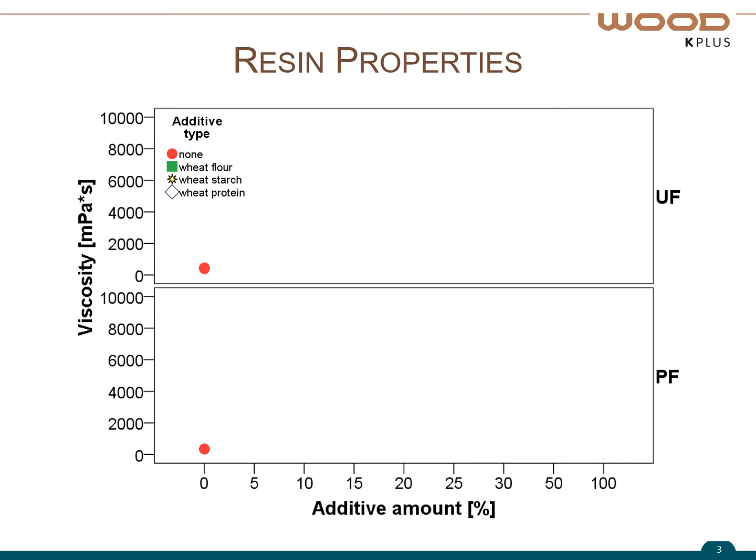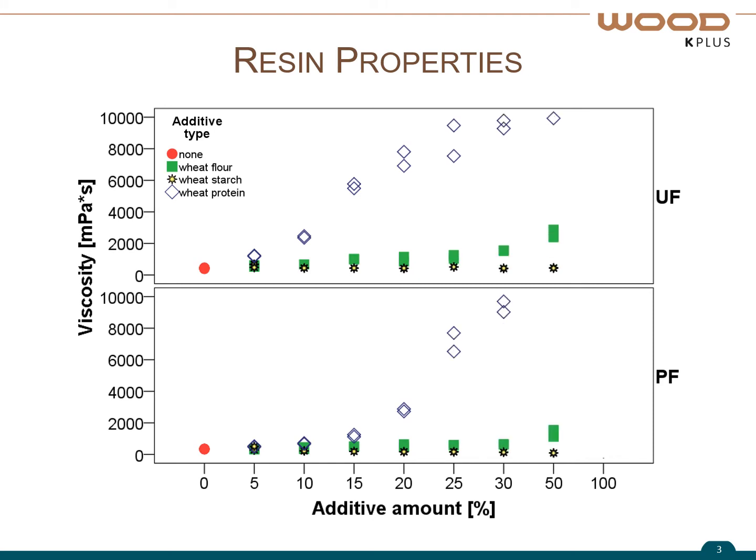The change in viscosity of the adhesive mixtures was measured for different amounts of extender addition for UF and PF resins. Viscosity is relevant for the adhesive application and penetration and thus influences the quality of the bond line. It was quite obvious that the addition of protein and wheat flour increased the viscosity of the resins, even though the solid content was kept constant.